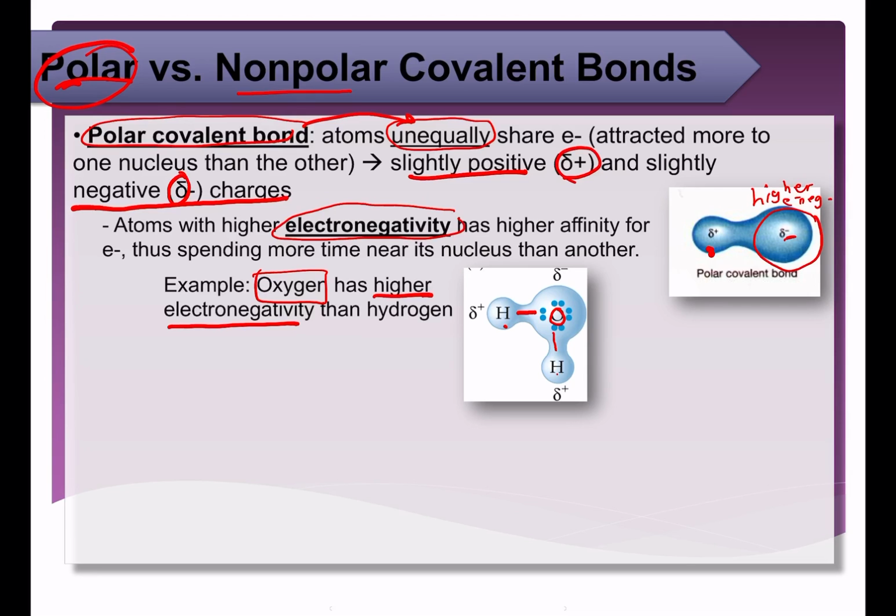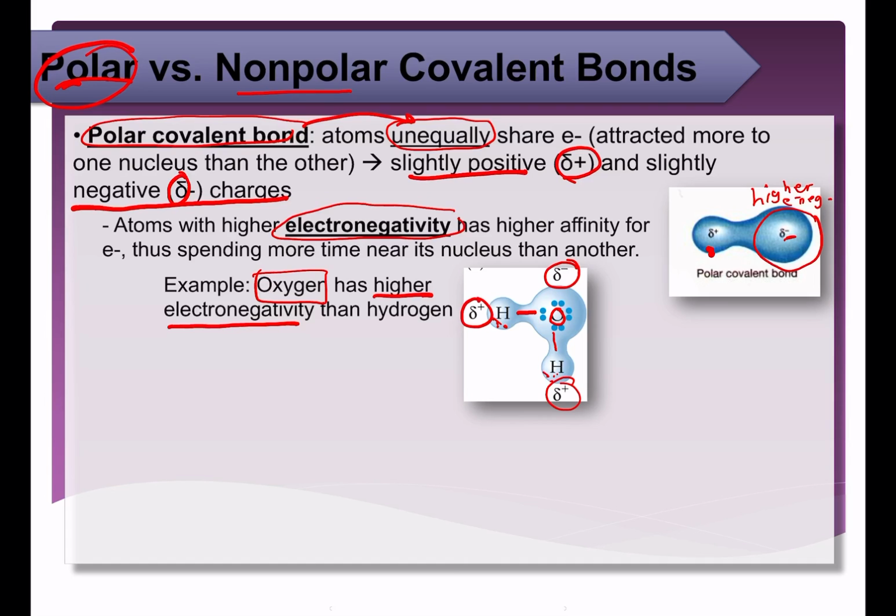That is why more electrons tend to hang around the oxygen than around the hydrogens, which results in oxygen having a slight negative charge, and these two hydrogens having a slight positive charge.